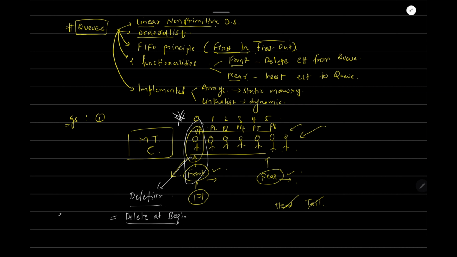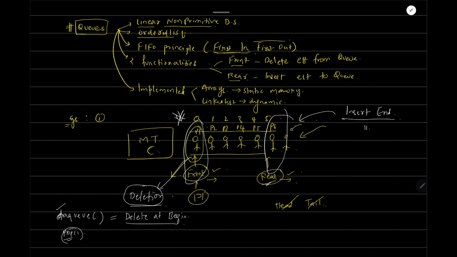This is technically called DQ. It is similar to pop in the stack. The person who is at the last, insertion can happen after this person. So insertion happens at the end of the queue. Rear means end, so at the end of the queue, insertion will be happening. So deletion means DQ, and insertion is known as NQ.